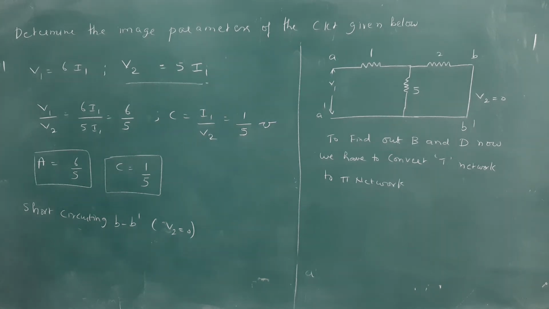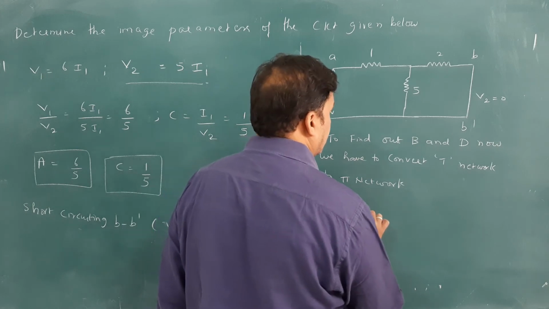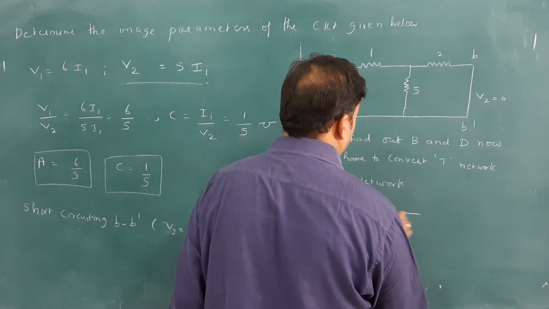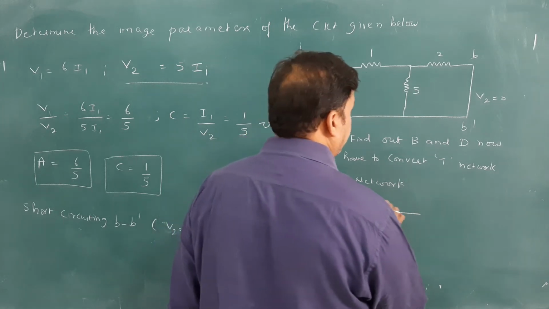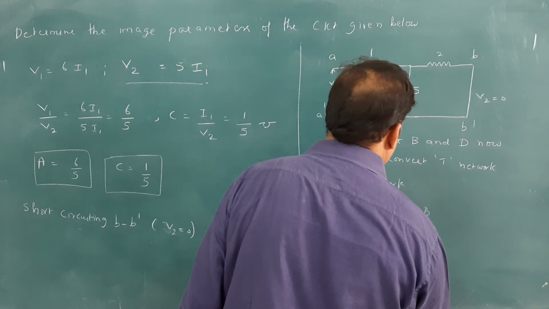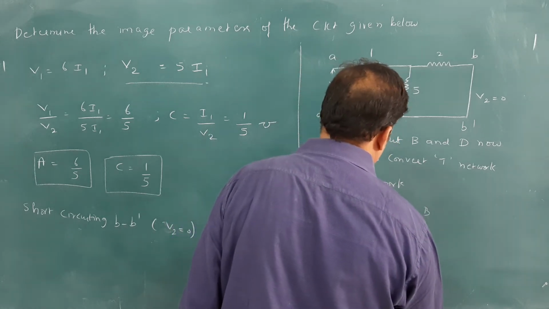So, converting the T network to pi network, the steps involve this process. This is the T network, with A, B and C being 1 ohm, 2 ohm and 5 ohm.